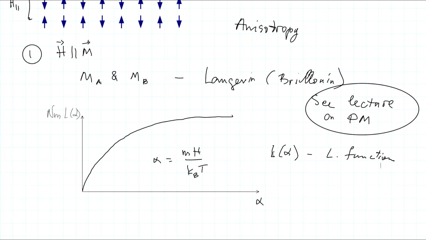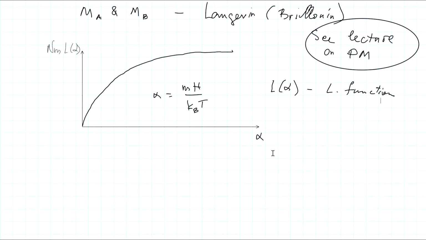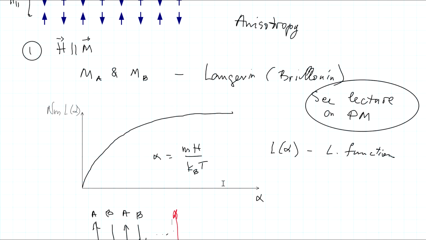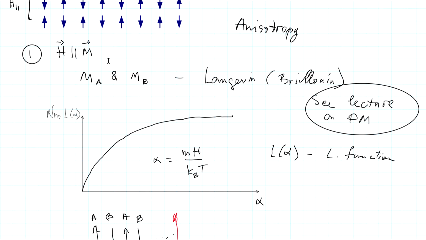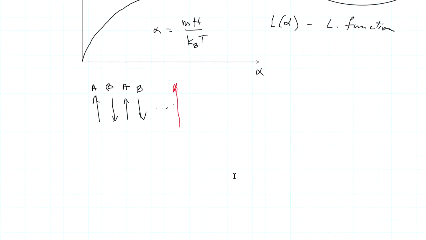Now if you apply it to sublattices, what's happening when you apply field? So remember, you have sublattice A, B, A, B, etc. So when we apply field, let me apply it with a different color, we imagine that we apply field. First of all, the field is parallel to the spontaneous magnetization.